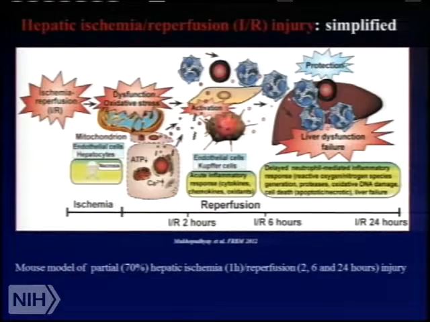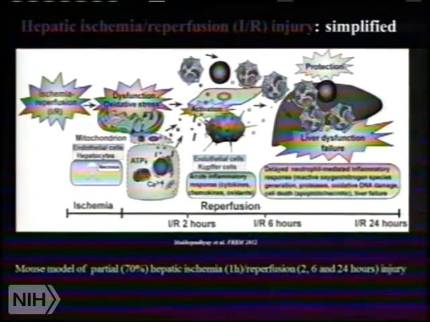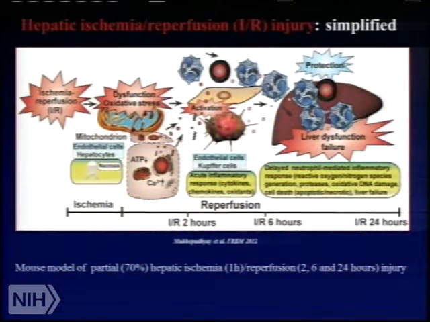So today I will try to illustrate the complexity of inflammation, oxidative stress related processes and some other processes like lipid signaling using a hepatic ischemic reperfusion model.